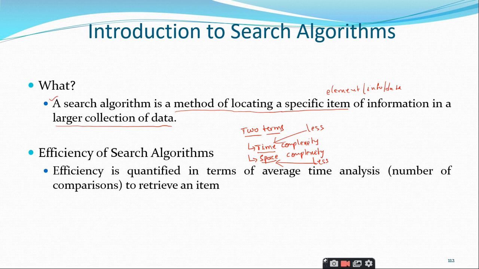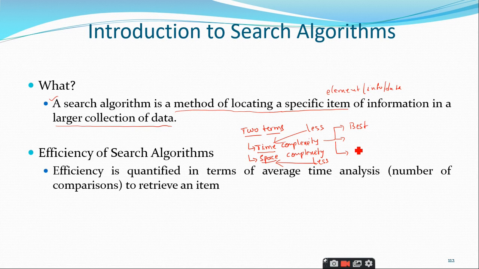Similarly, when we come to search algorithms, in order to find the efficiency of a search algorithm, the efficiency is measured in terms of average time complexity. If you go for the time complexity term again, we have three different classifications here.